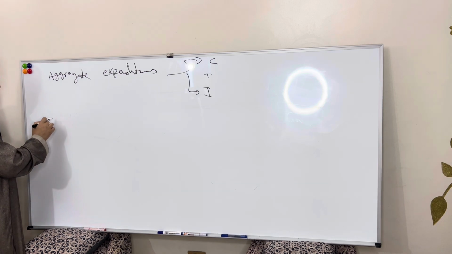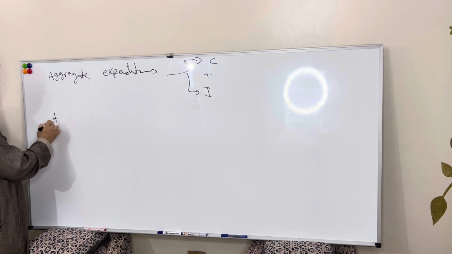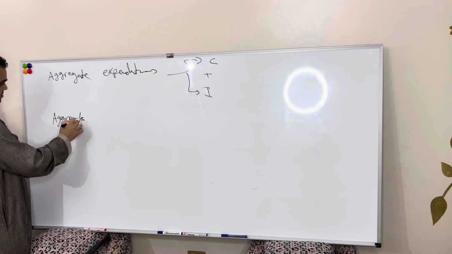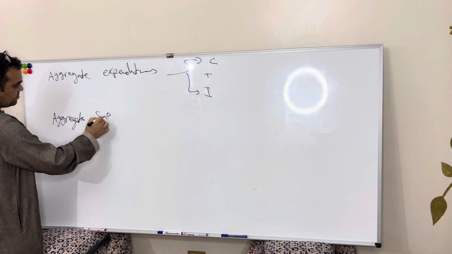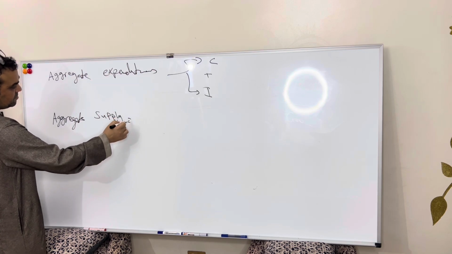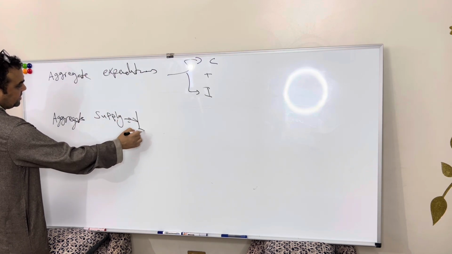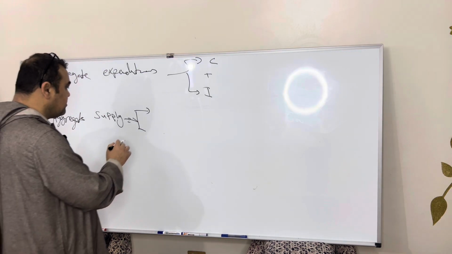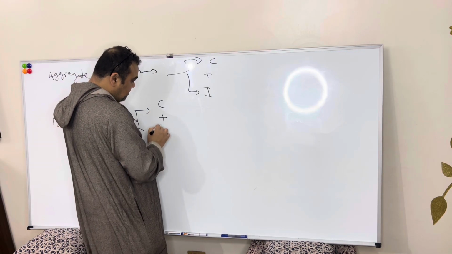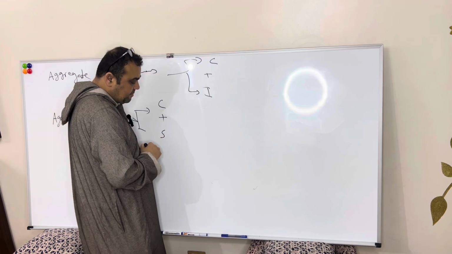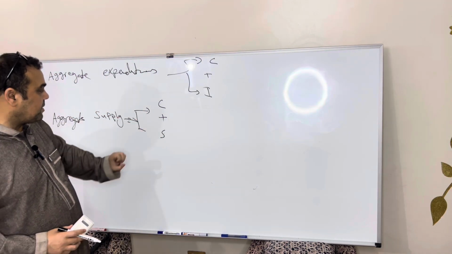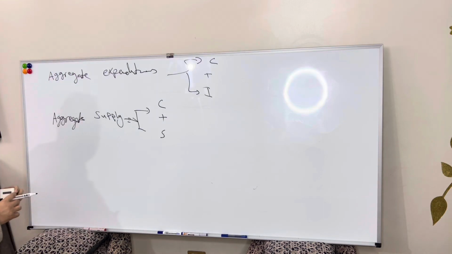What about the aggregate supply, or the aggregate income? It includes consumption plus saving. The aggregate income is allocated into two parts: the consumption and saving.